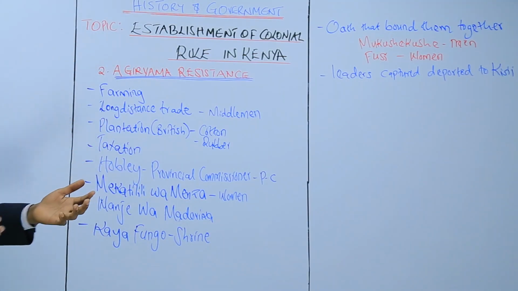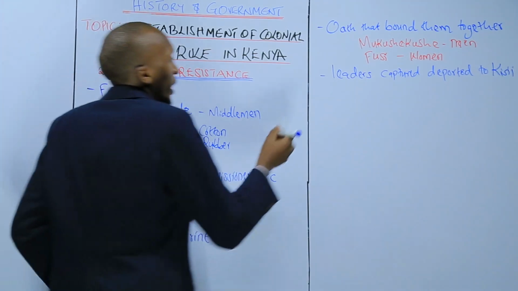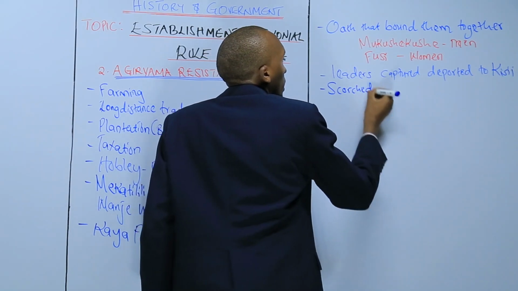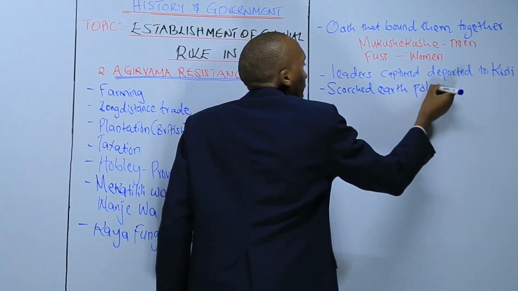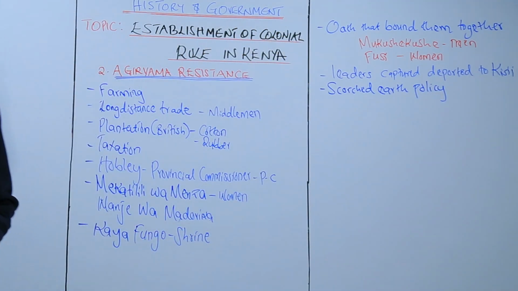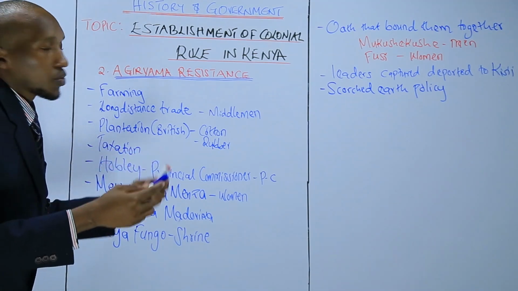So the British now resorted to using the scorched earth policy in an effort to weaken, or to bring the people to their knees.